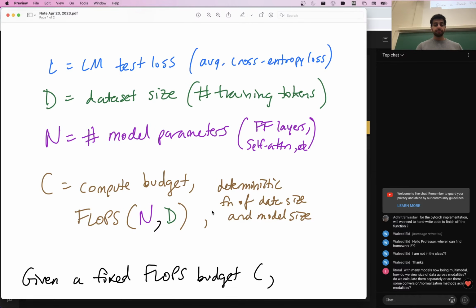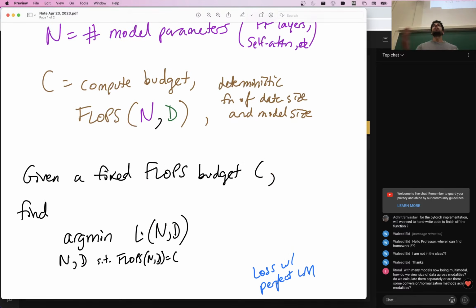So now, given a fixed budget of flops, C, we are trying to solve this optimization problem. This is the key thing in this Chinchilla paper. We want to find the values n and d, the number of parameters and number of tokens, that minimize the loss.